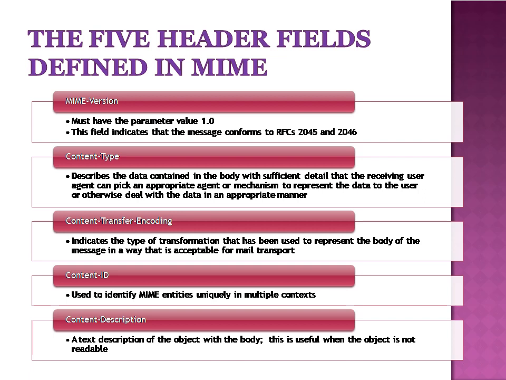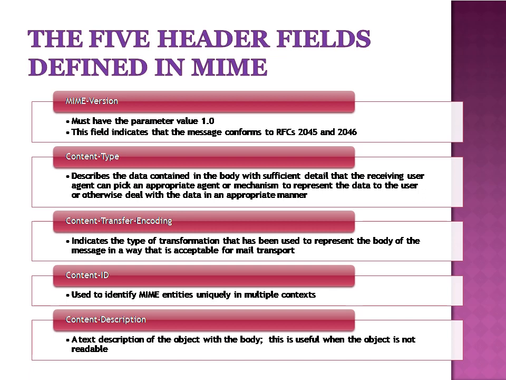Next we have the content type. Now this content type basically describes the data which is contained in the body with sufficient detail that the receiving user agent can pick an appropriate agent or mechanism to represent the data to the user or deal with the data in an appropriate manner. So this is about the content type.